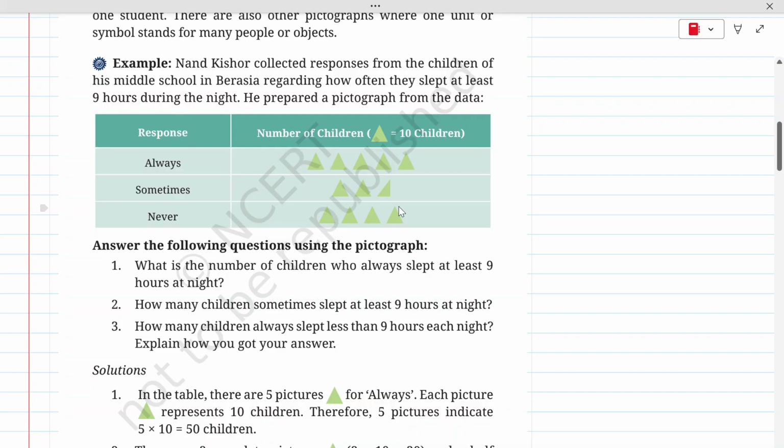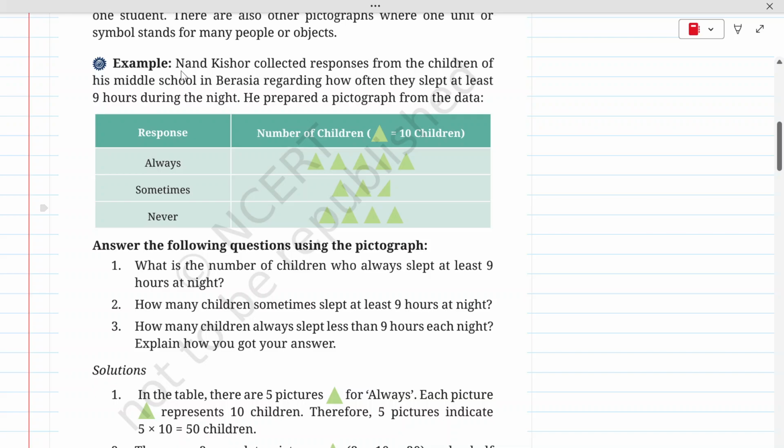What it says is Nand Kishore collected responses from the children of his middle school in Baresia regarding how often they slept at least 9 hours during the night, and he prepared a pictograph from the data. So Nand Kishore is one person.